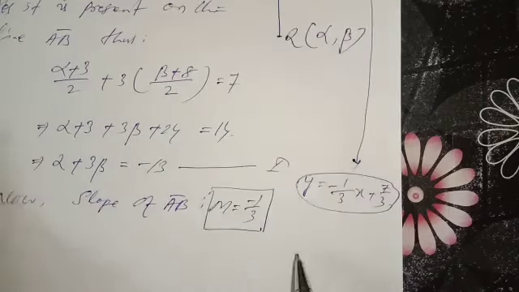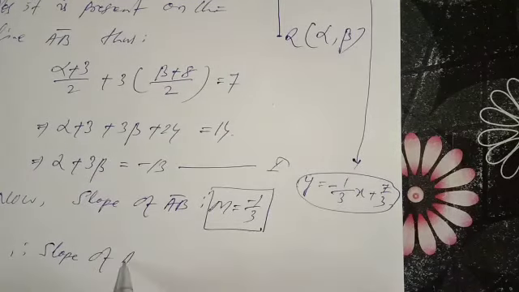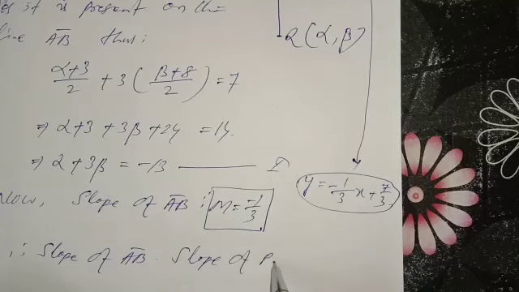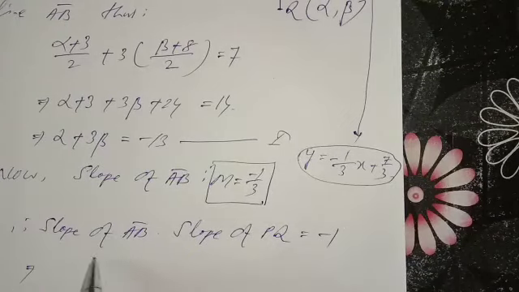Therefore, slope of AB times slope of PQ should be equal to -1, as they are perpendicular. Slope of AB is -1/3.